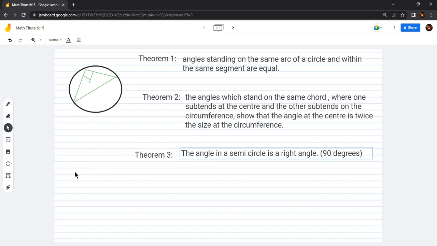Right, so we have this rule. Then we're going to look at another theorem.